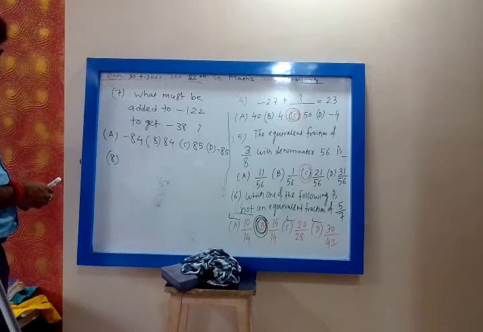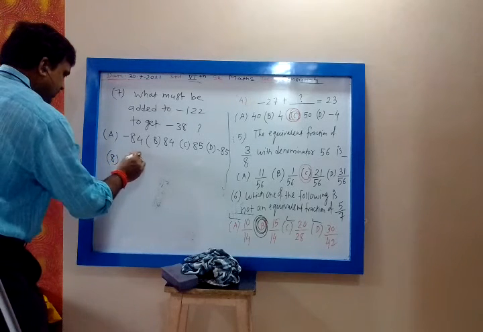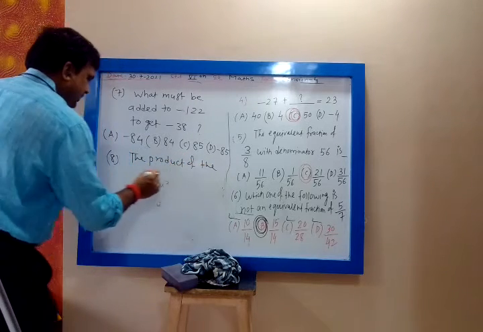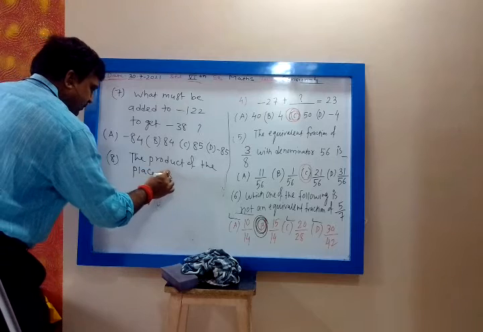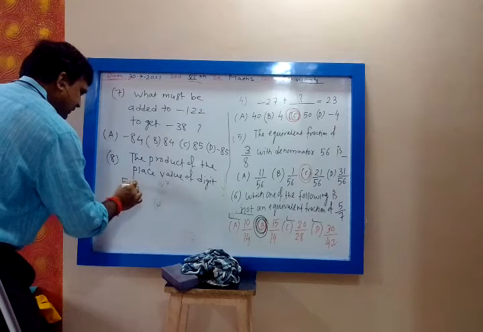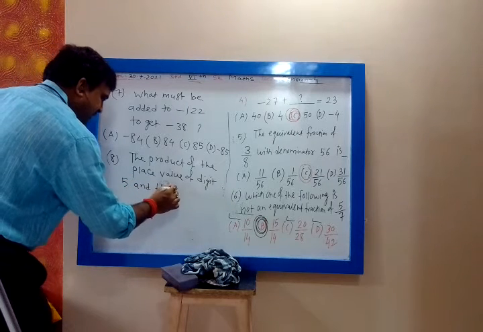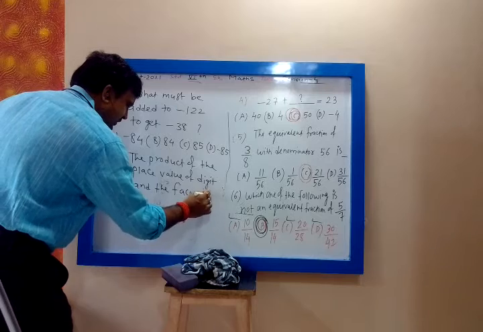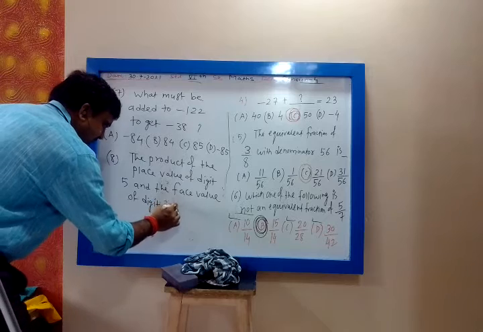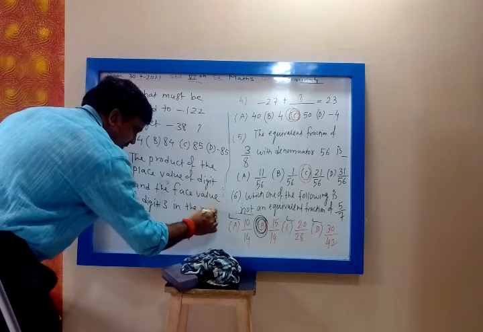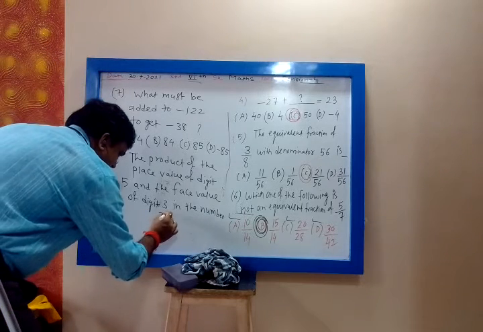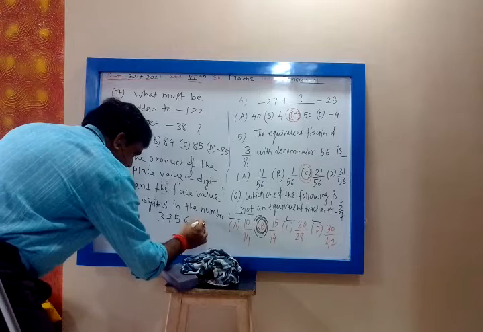The product of the place value of digit 5 and the face value of digit 3 in the number 37516 is dash.